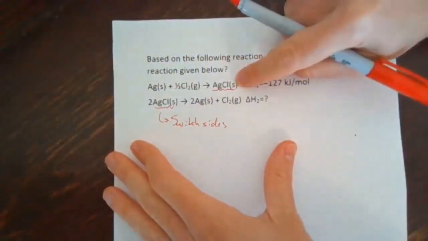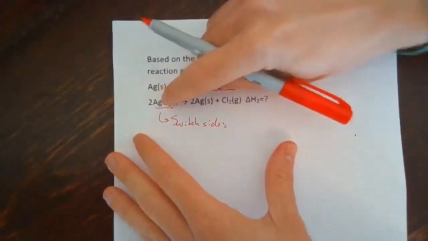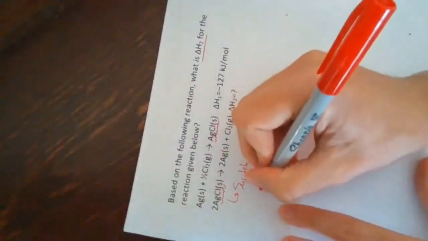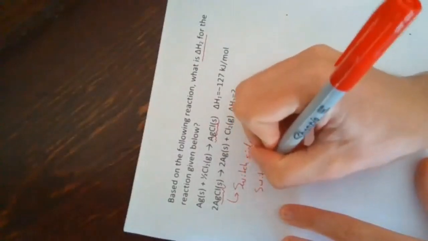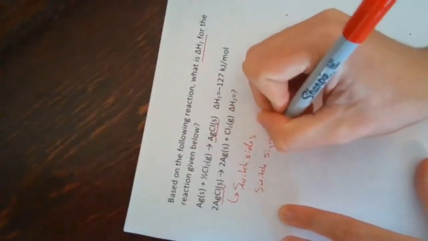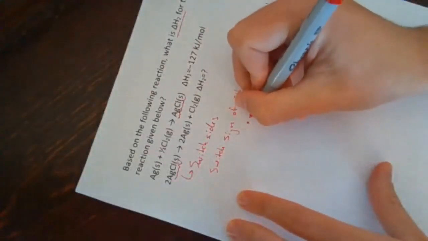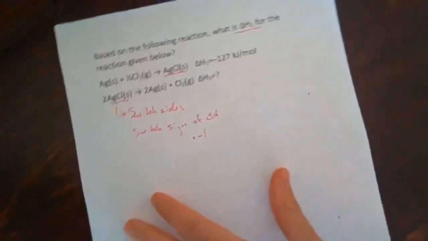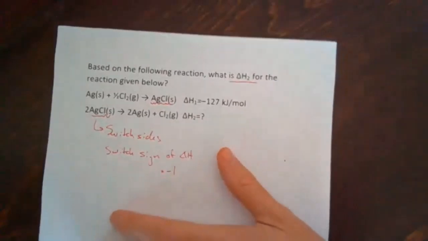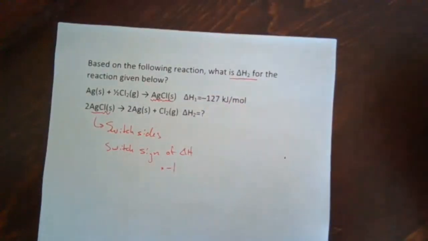Am I making silver chloride? Or am I reacting the silver chloride? And so I know switching sides of the chemicals leads to switching the sign of delta H, which would be the same thing as multiplying by a -1. So we know that's going to be one way that we need to change it.